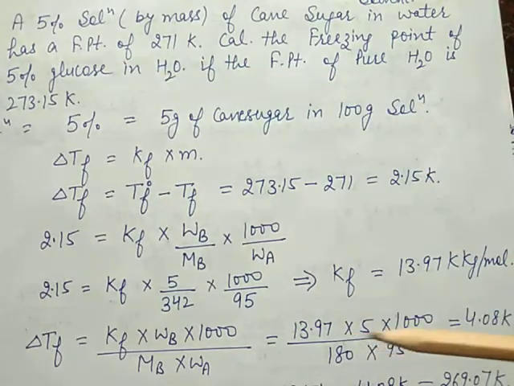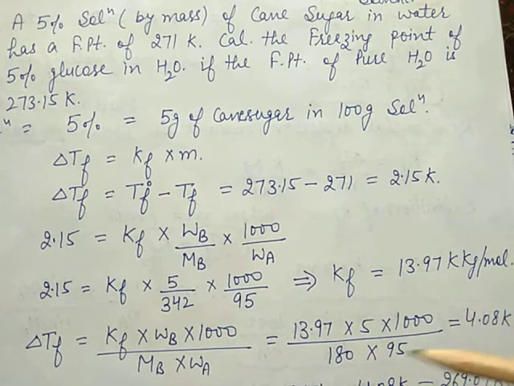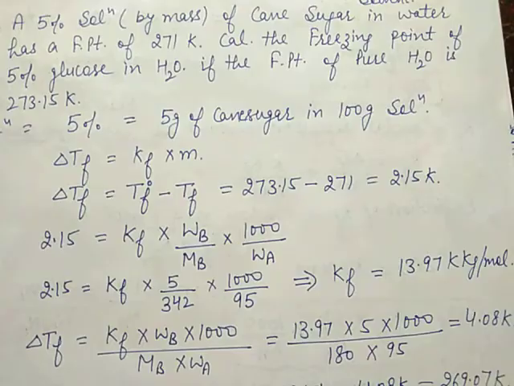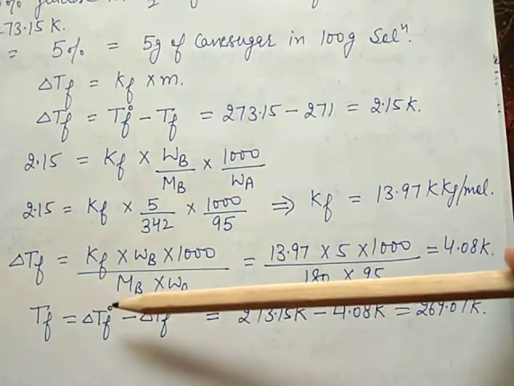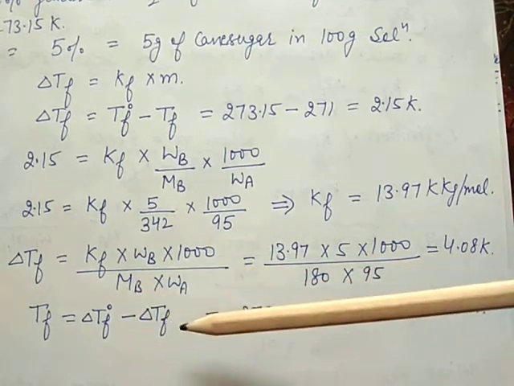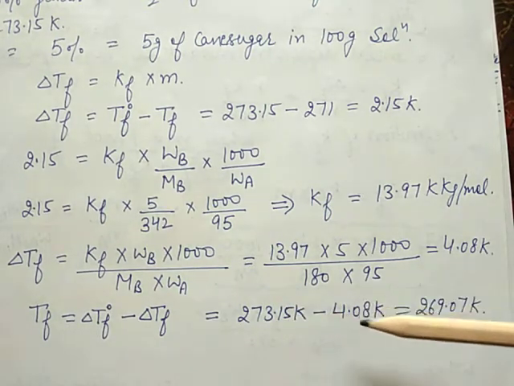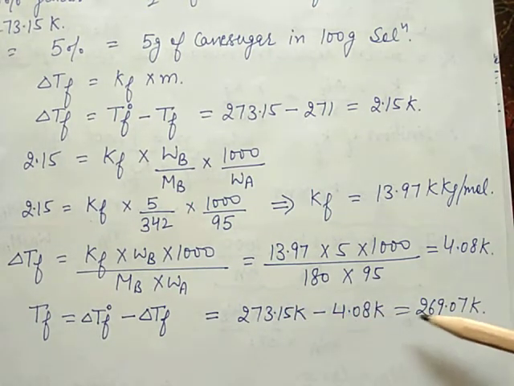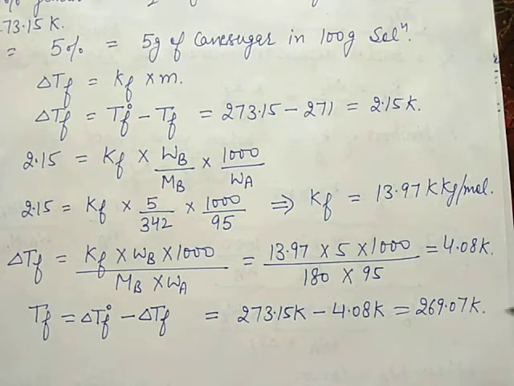The molecular mass of glucose is 180, so 5 by 180 into 1000 by 95, that is 4.08 Kelvin. After that Tf is equal to Tf naught minus delta Tf, pure solvent minus the depression, 273.15 Kelvin minus 4.08 Kelvin, that is equal to 269.07 Kelvin.